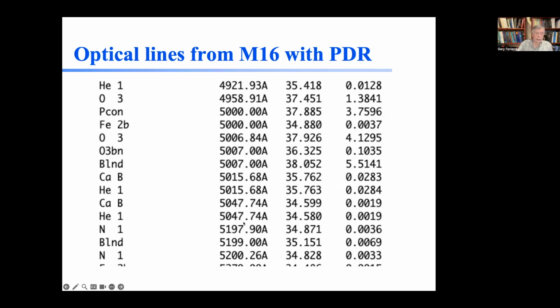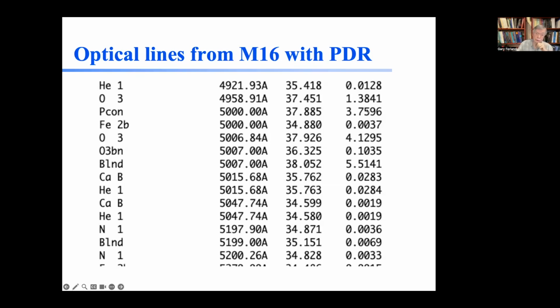This is the wavelength again, all in angstroms here. The next column gives the log of the luminosity of the line from the prediction. We'll come back and talk about that a lot. This is in ergs per second as a log. This is what we would call the absolute intensity, because this is the amount of power going into the universe.